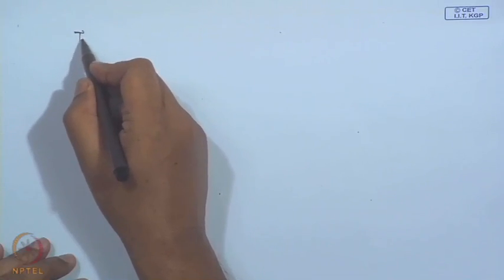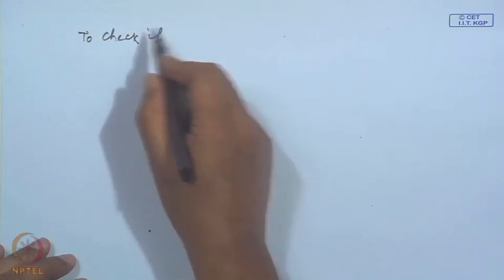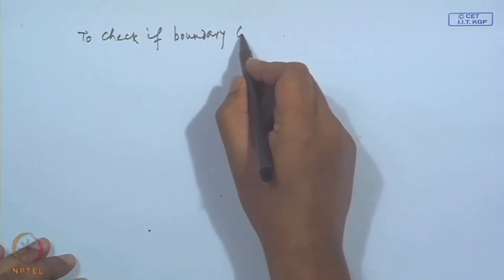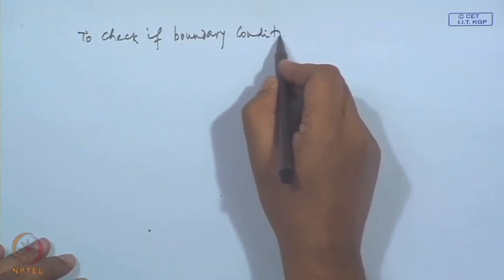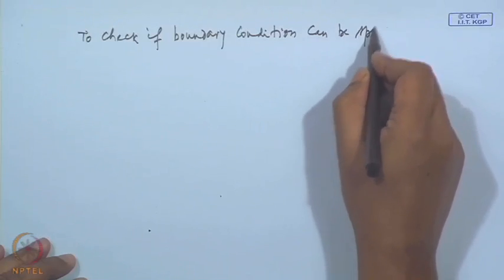That is, the boundary condition can also be split in axial and compressible cross flow part, and this is what now we like to see. To check if boundary condition can be split.